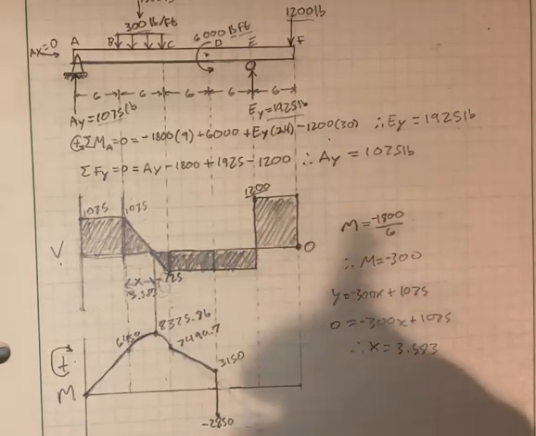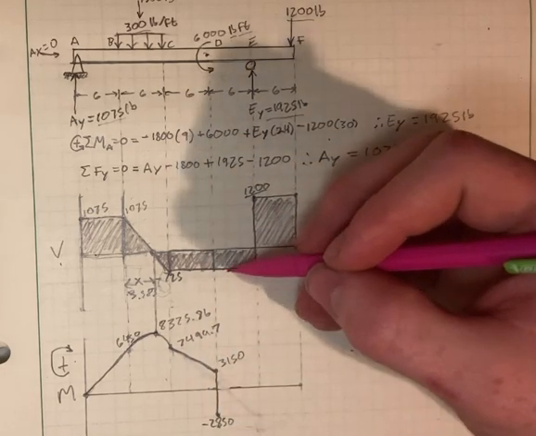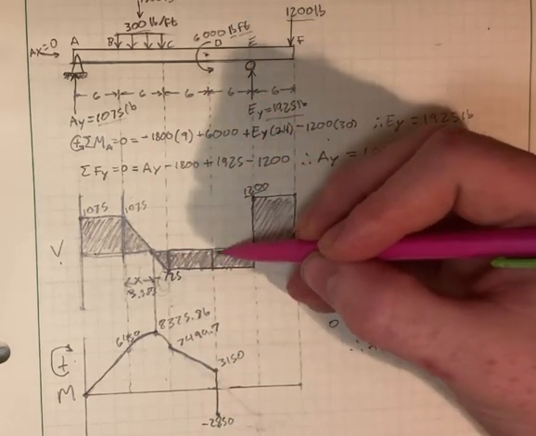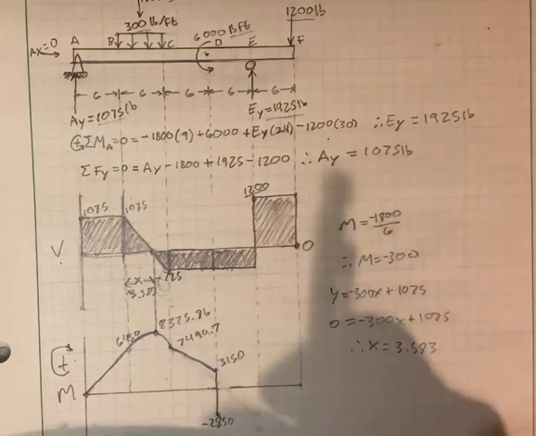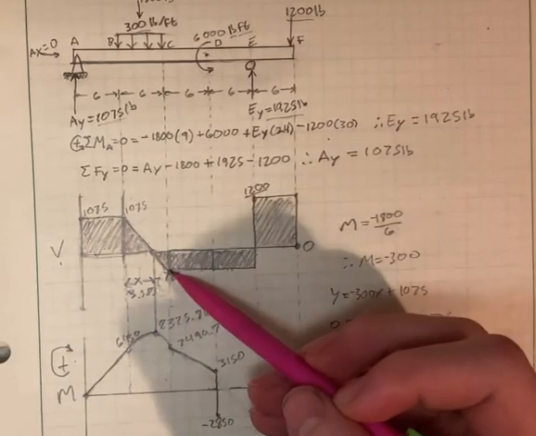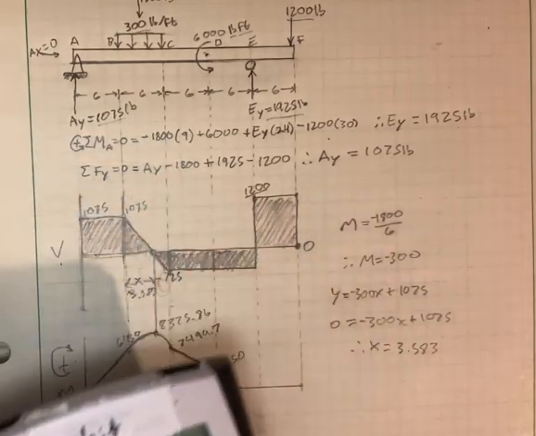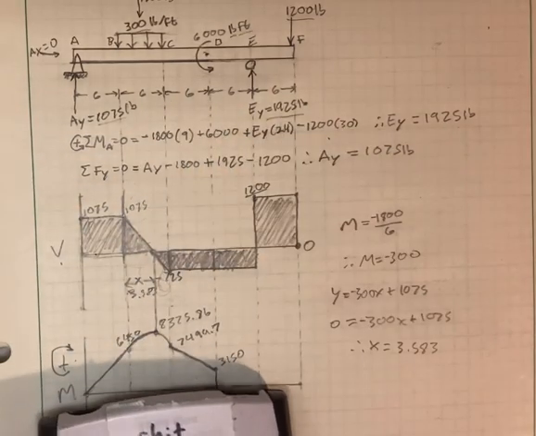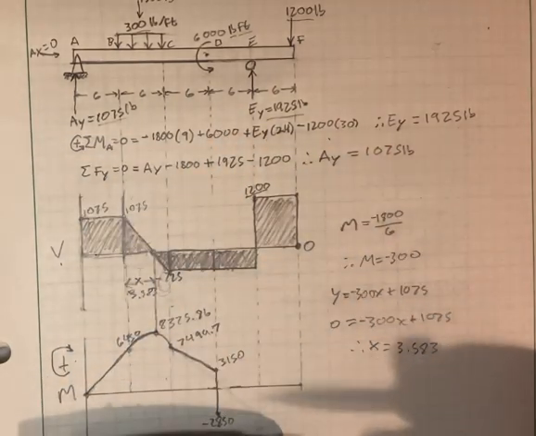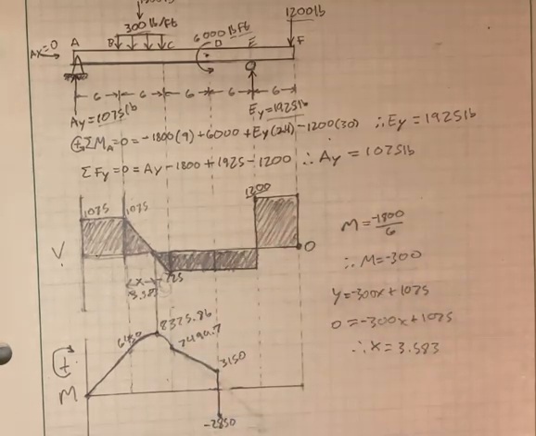Perfect. Okay, so from there, working left to right, we still have this negative area, so we still got to account for it. And it's at, again, negative 725, times distance 6, which is 4350. That's the amount that we're going to go down.